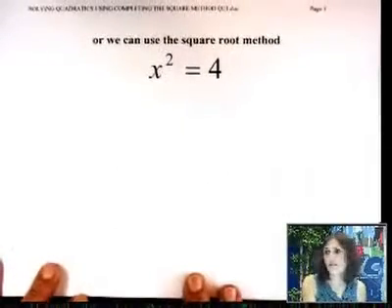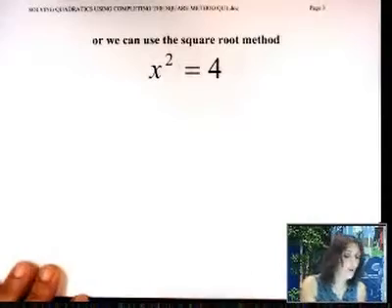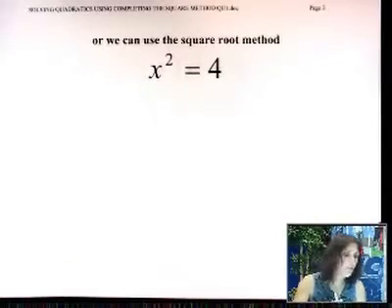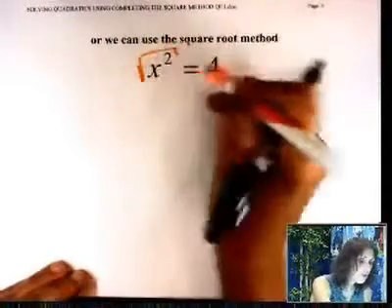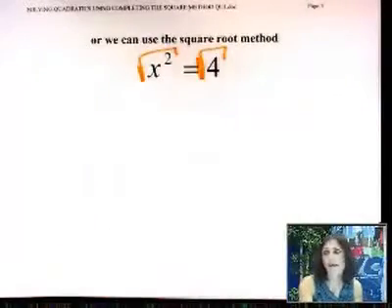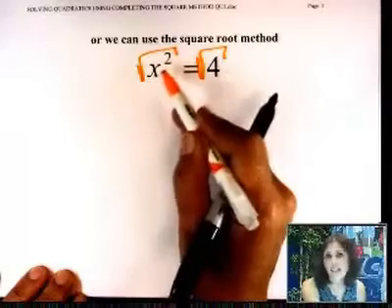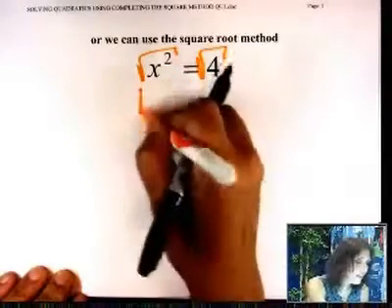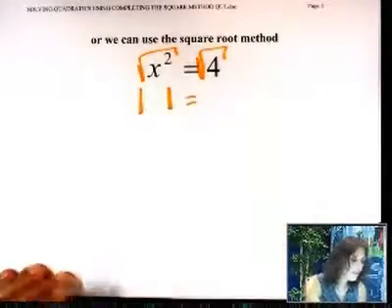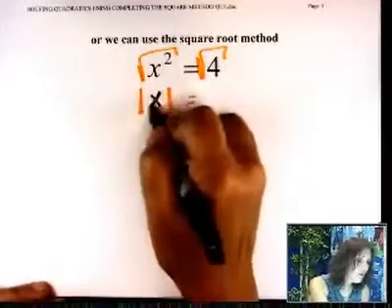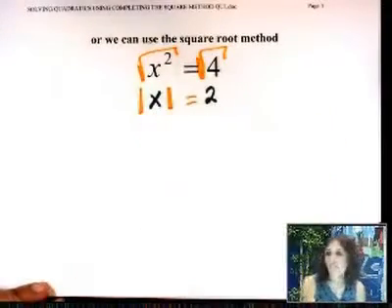Well, let's use the square root method. Same example. With the square root method, what you need to do is take the square root of both sides, and be careful. When you take the square root of something that has an x in it, you get absolute value of x. So just remember that. This one is 2.